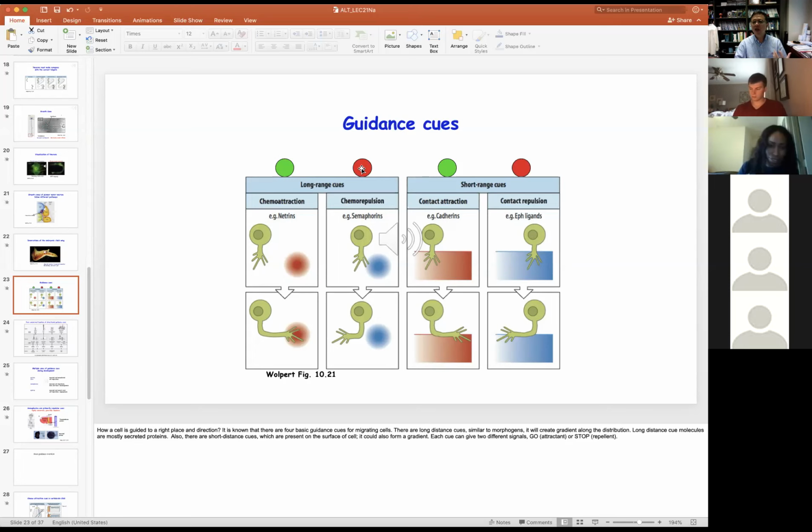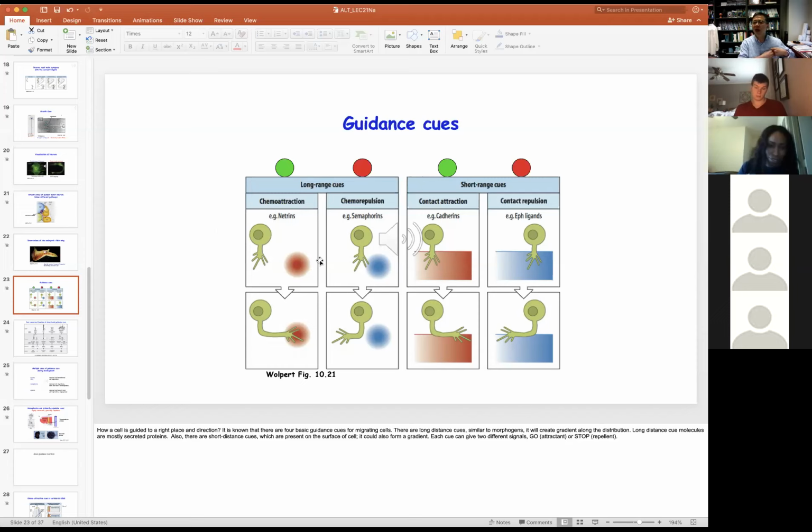And then another quality of the signal: one is long range signals. They call it a long range cue, so it's a long distance. Mostly these long range cues are secreted, produced from the cells in the surrounding of this neuron, or the neuron itself may produce some kind of cues.